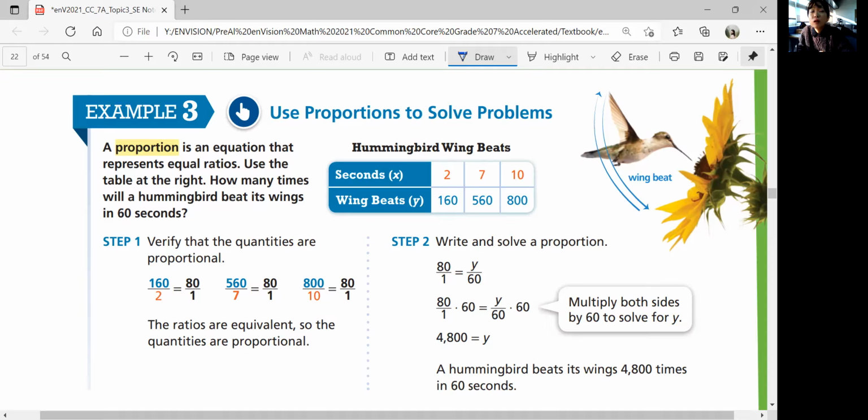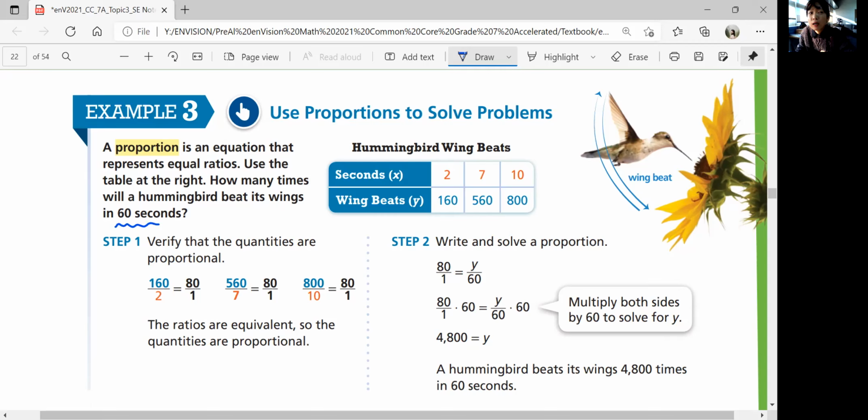So using this proportion, how can we figure out how many times a hummingbird would beat in 60 seconds? You're gonna write and solve a proportion. So just pick your ratio, right? Your most simple ratio, which is 80.